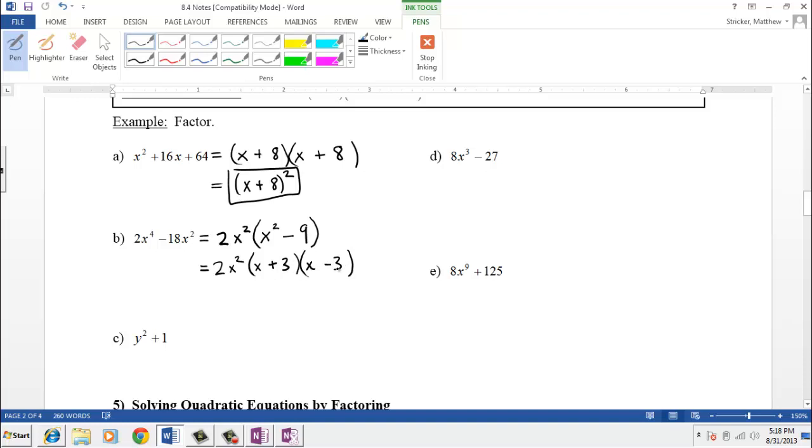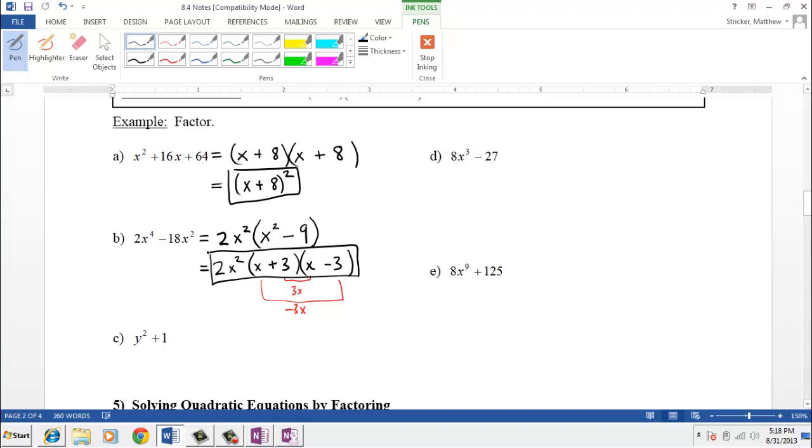And the reason why this works out is because notice we're missing our bx term in the middle here. That's because our inner product is a positive 3x and our outer product is a negative 3x, which of course add up to 0x. That will always happen with a difference of squares polynomial. So our answer in this one is 2x squared times x plus 3 times x minus 3.